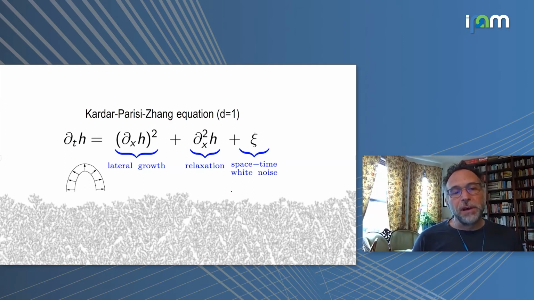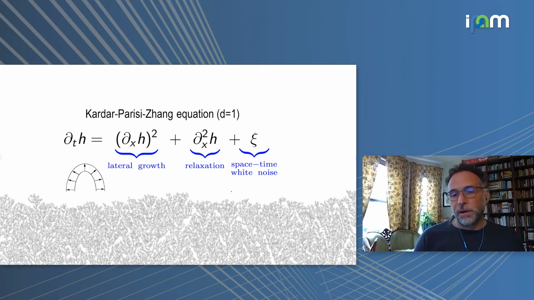So here there's a height function, h of t and x, and now x is in R, so everything's in the continuum. And it's supposed to evolve according to this stochastic partial differential equation. There are 3 main terms which have been put here, which are supposed to encapsulate the main effects of a model like ballistic aggregation.